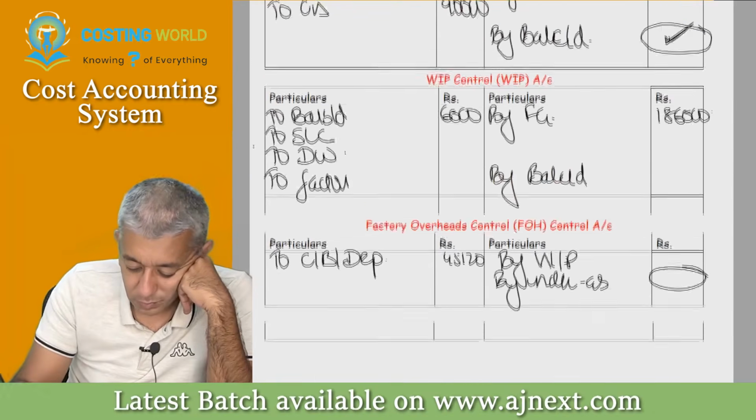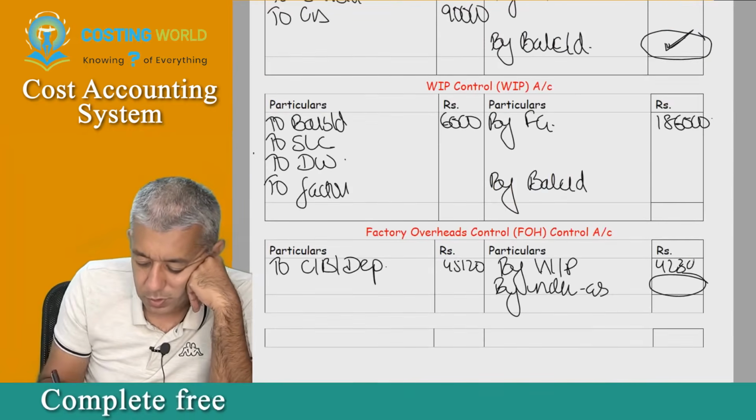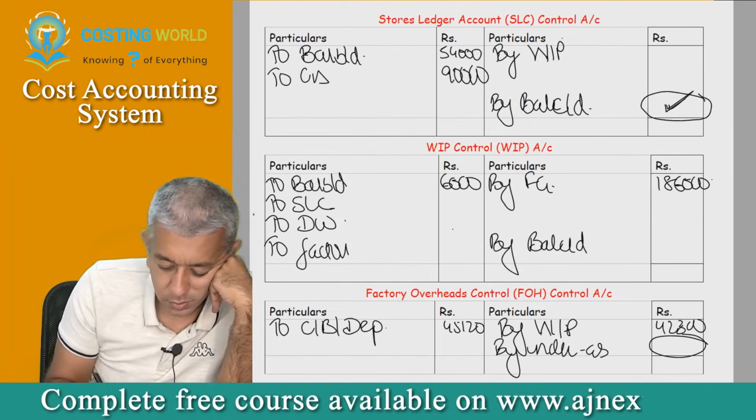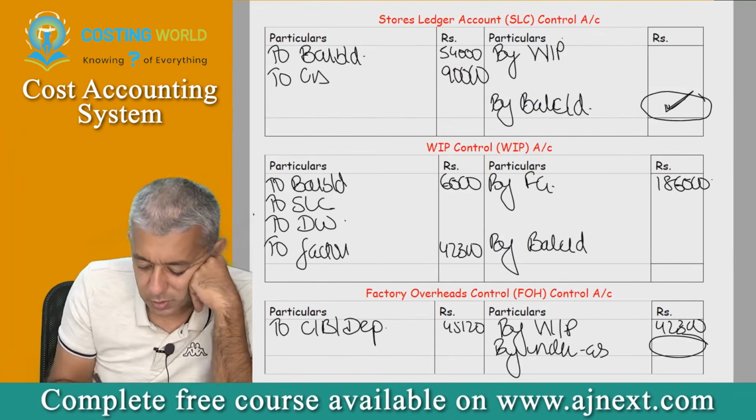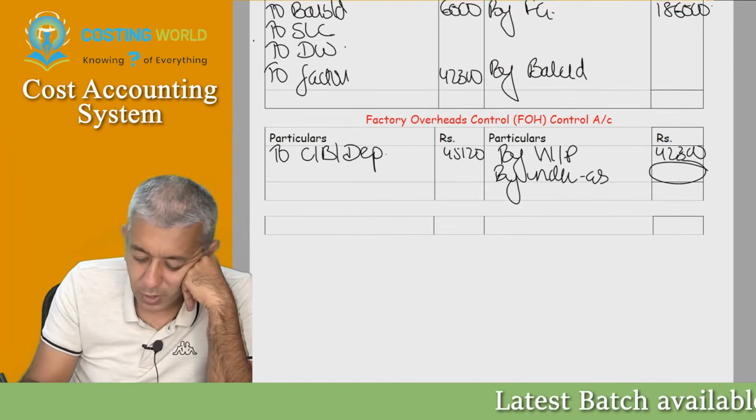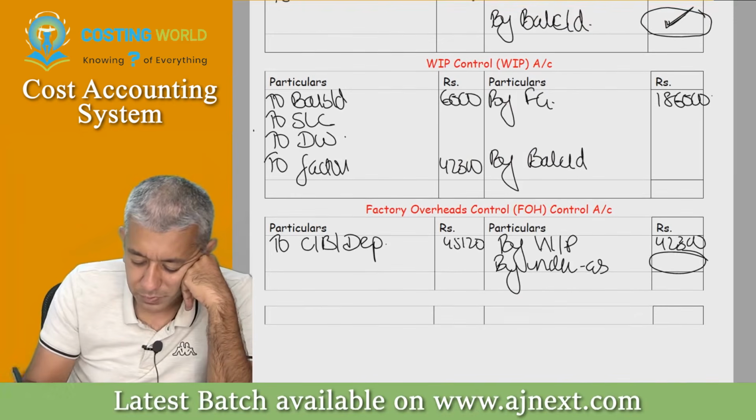So for factory overheads, please, 42,300. Get your under absorption as a balancing figure.